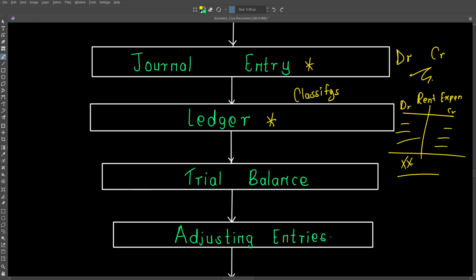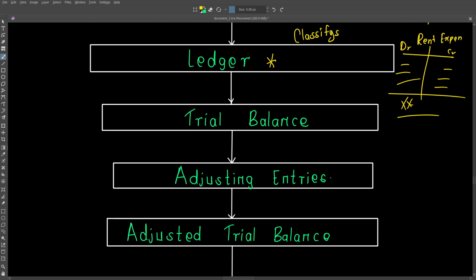Then after that, if we want to look at a particular period, maybe now we are preparing the financial statements as at year end, okay? We pull the trial balance. The trial balance is basically a representation of the balances for each of these accounts, okay?